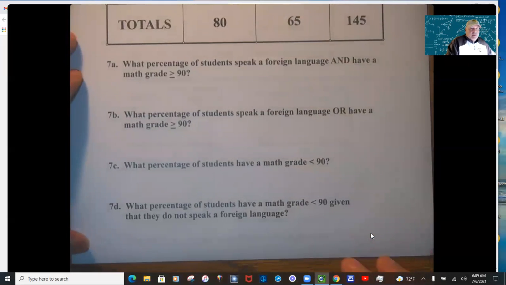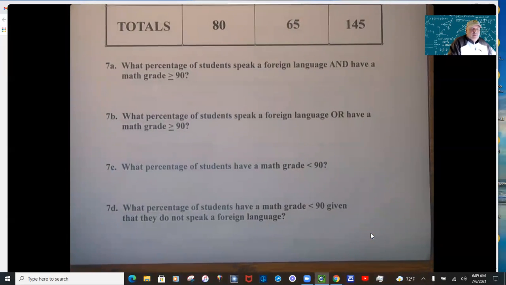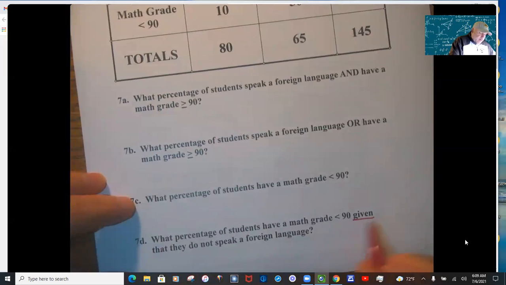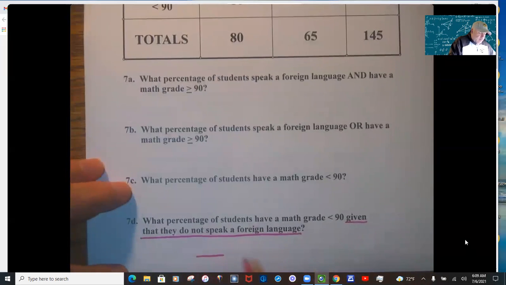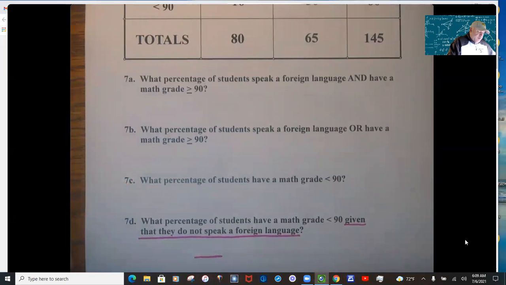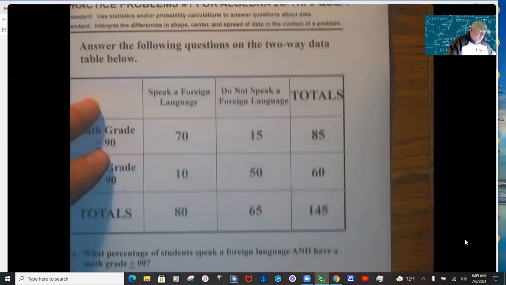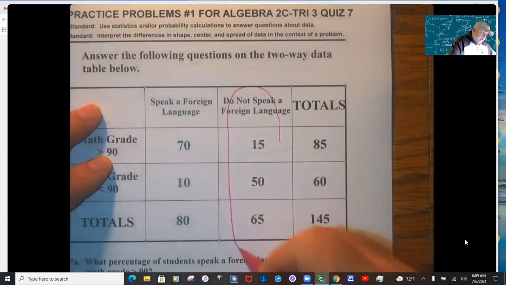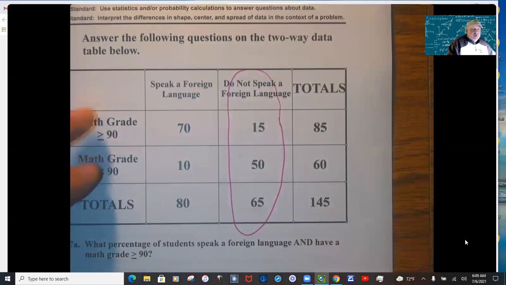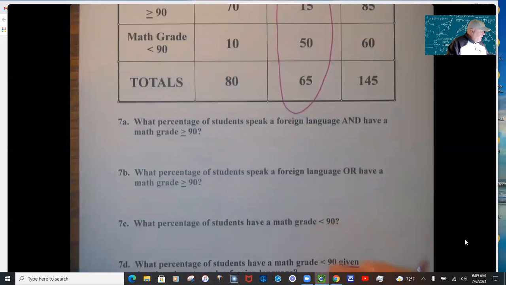and reassess. Okay, 2A tables. My advice to you is to do problem 7D first. The whole "given that" language is very important. You're restricting yourself to the "do not speak a foreign language" column right here, whatever column or row you're talking about. So this bottom number is 65, and this is the only problem that's like this.